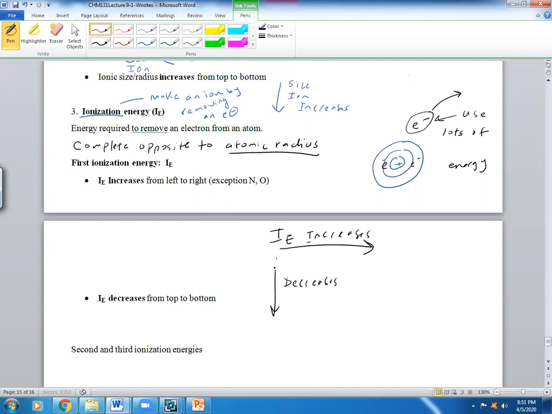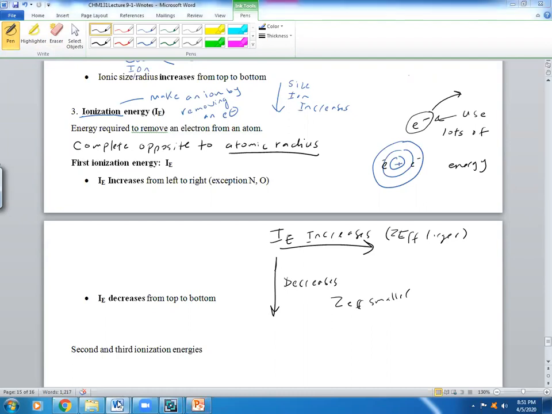And the reason why is because the effective nuclear charge, Zeff, gets bigger; it is larger here, while Zeff is smaller there. That would be the conceptual explanation.